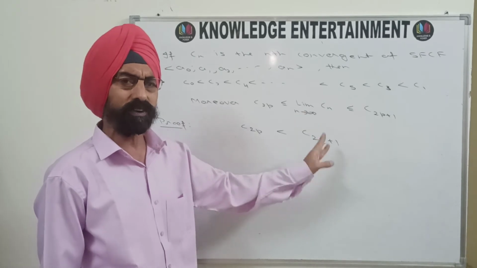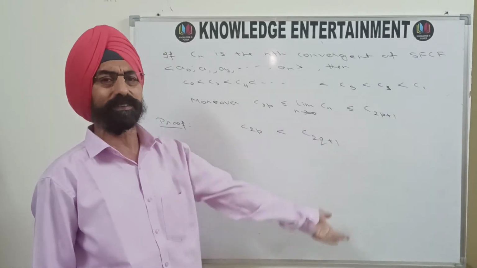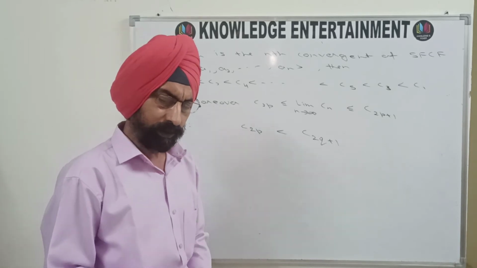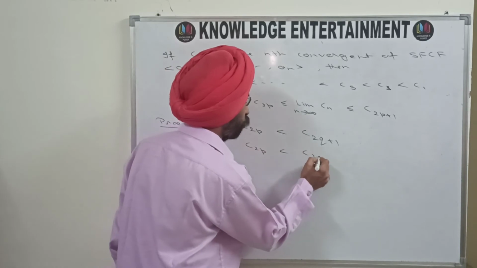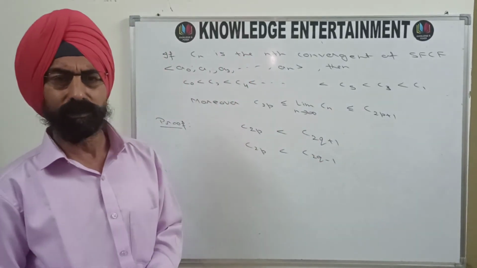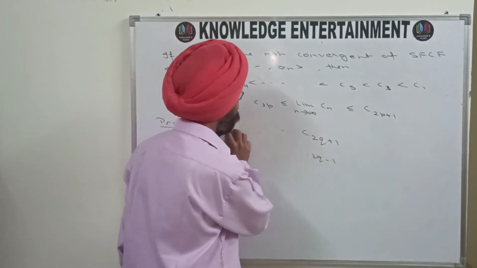Every C2p is less than every C2q plus 1 or every C2q minus 1. You can even write C2p is less than C2q minus 1. As we will be requiring it, we will use this result.